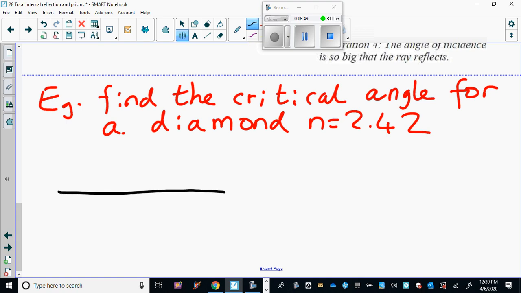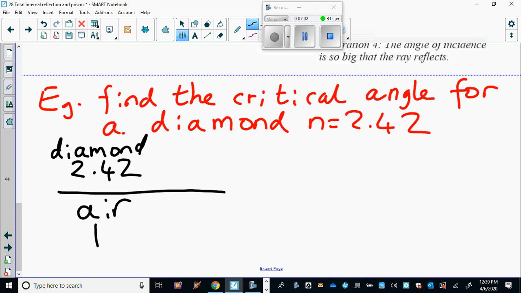We're going to say here's our surface. Here's inside the diamond, which has an index of refraction of 2.42. Here's the air, index of refraction of 1. And what we're asking for is what angle in the diamond will make the angle of refraction into the air 90 degrees, thus creating total internal reflection.